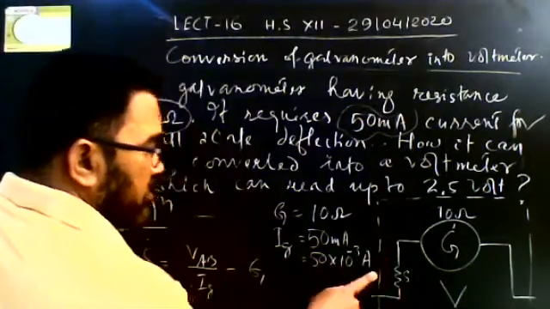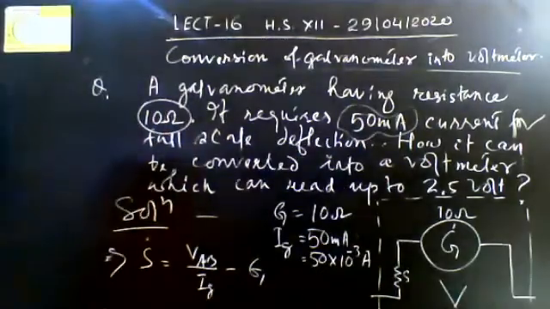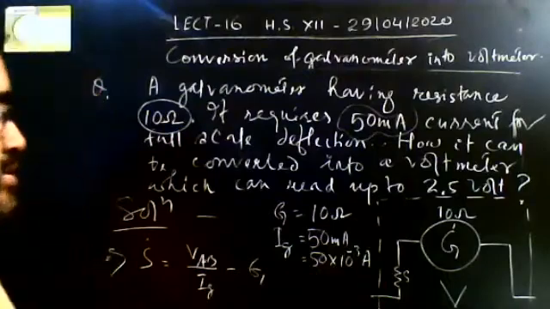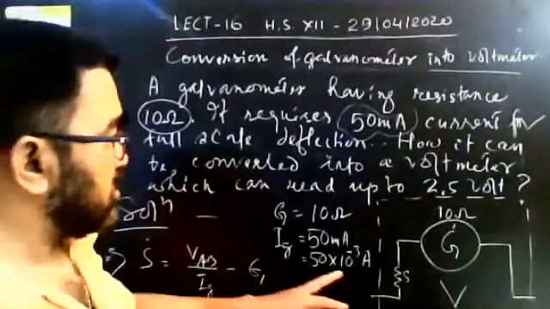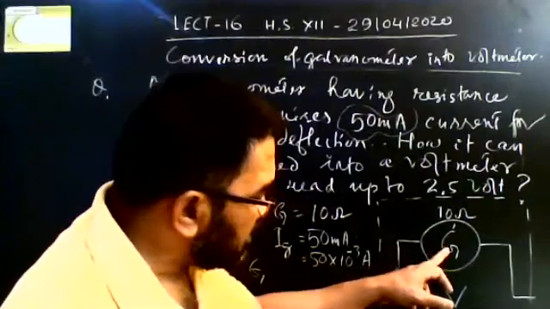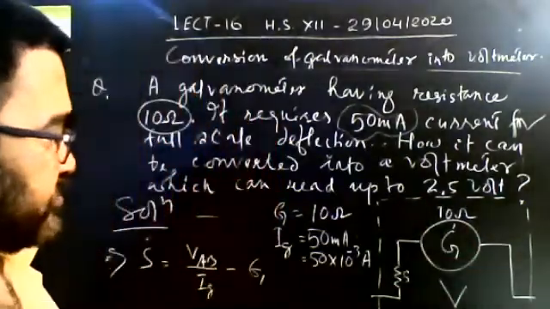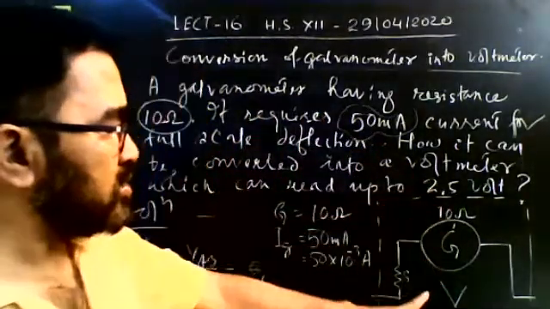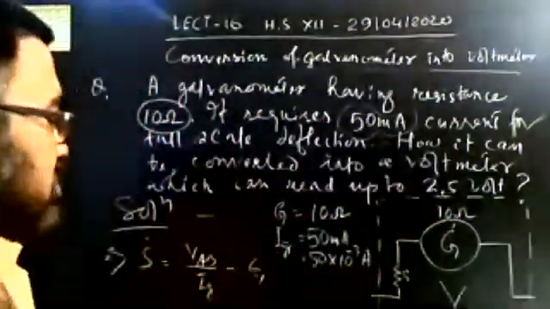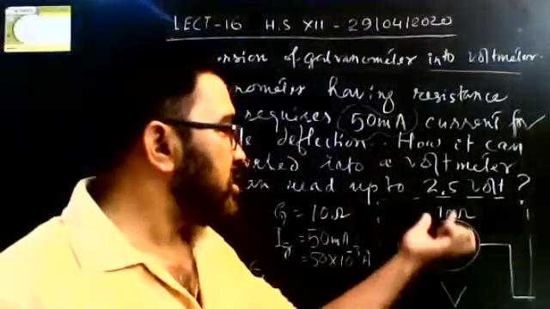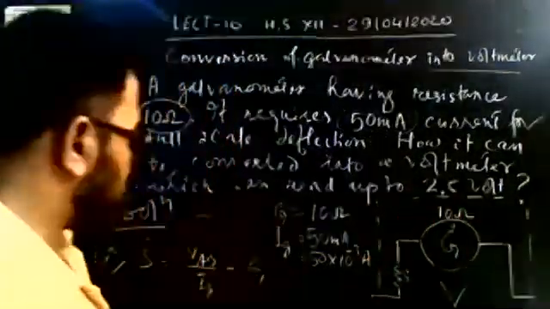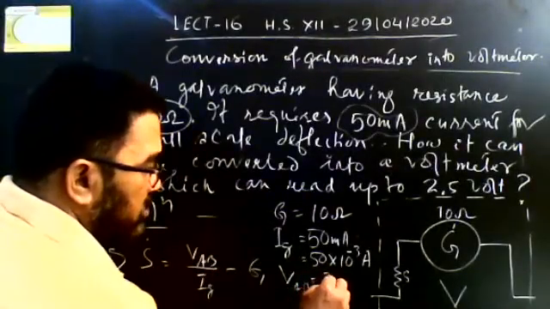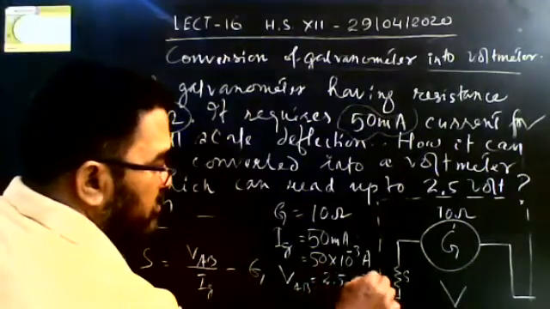So 50 milliampere becomes 0.05 ampere. According to the question, you are to convert this into a voltmeter so that it can measure a voltage up to 2.5 volt, so VAB equals 2.5 volt.